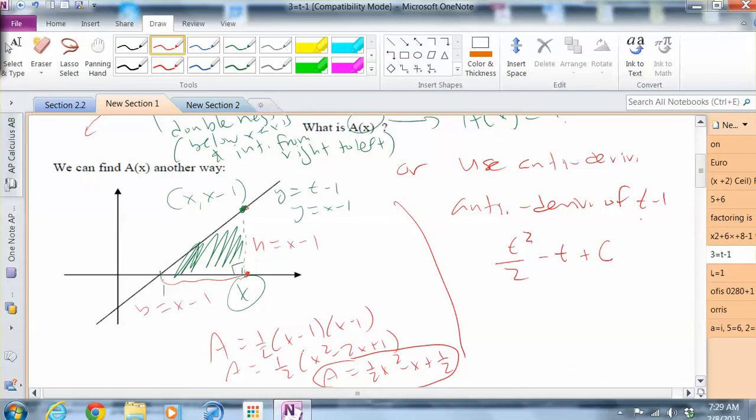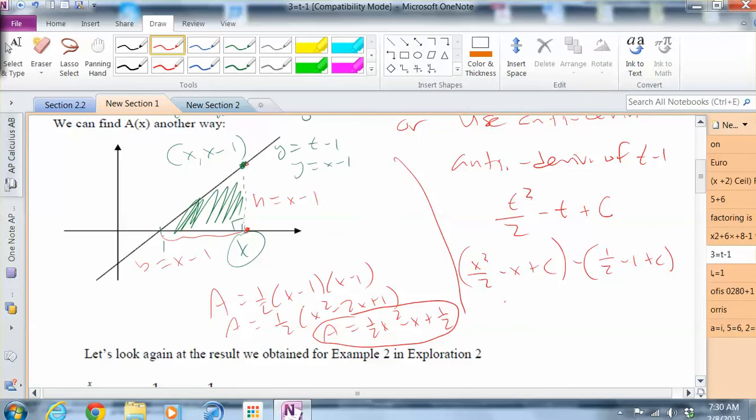Now, if I were to plug in x first, and then plug in 1 second, what do we get? x squared over 2 minus x, and a half minus 1 is negative half.